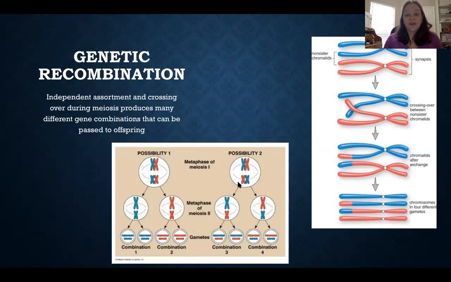Or we could line up more randomly and produce a different set of gametes. Remember, that's independent assortment: when our chromosomes line up during meiosis 1, they line up randomly and get randomly sorted into the gametes.